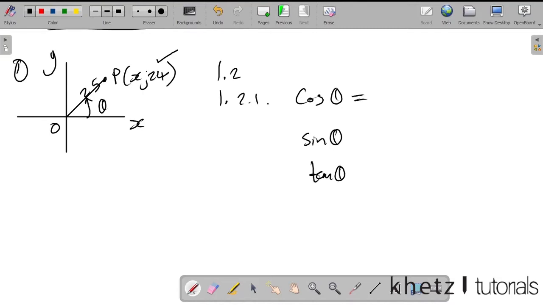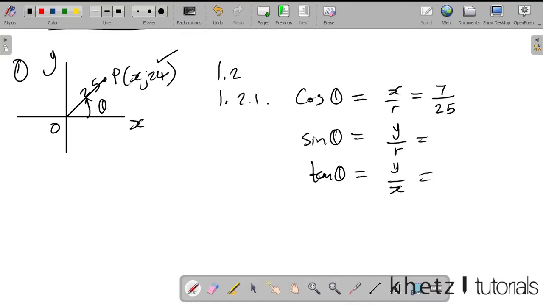If you remember from the previous videos, cosine of theta is x divided by r, sine of theta is y divided by r, and tan is y divided by x. Therefore, cosine of theta is x, which you just found in the previous question, divided by r of 25.